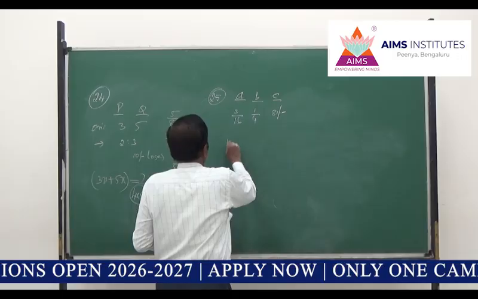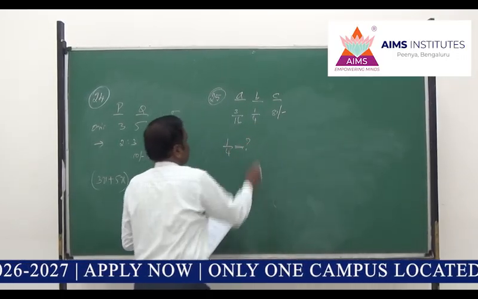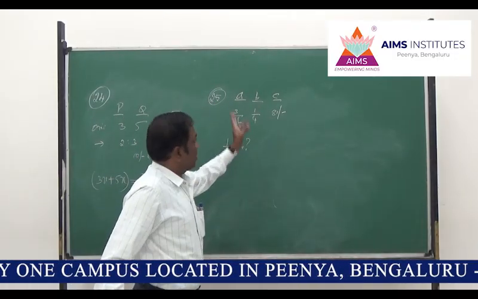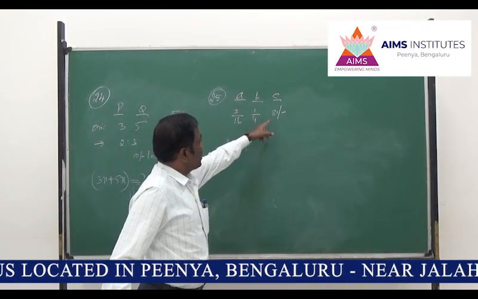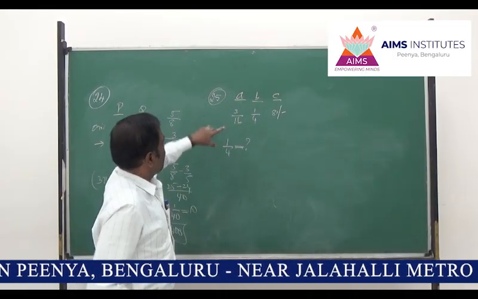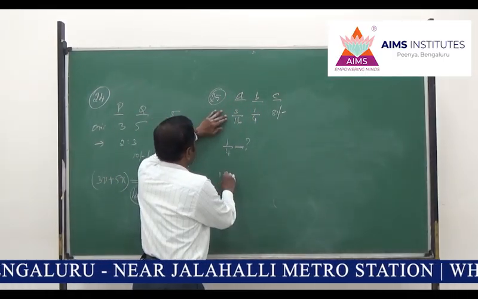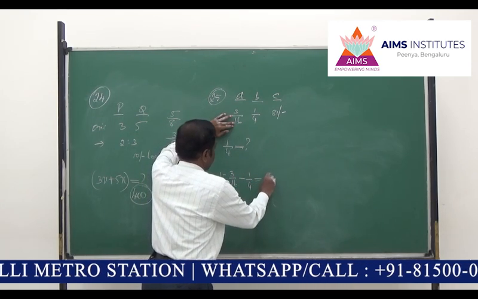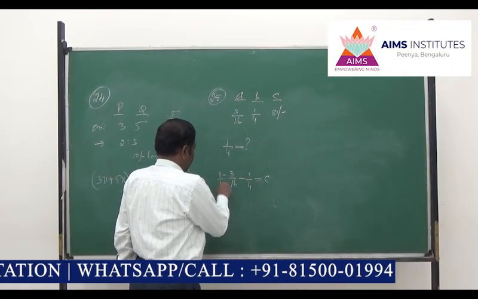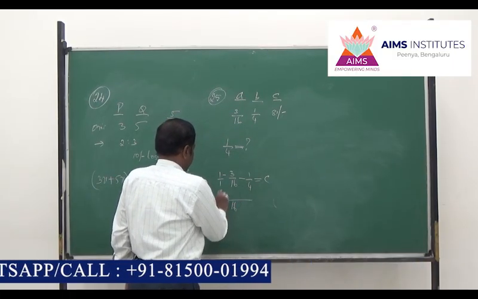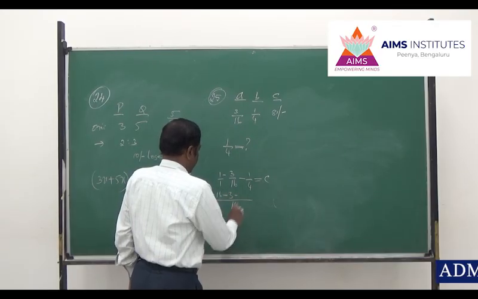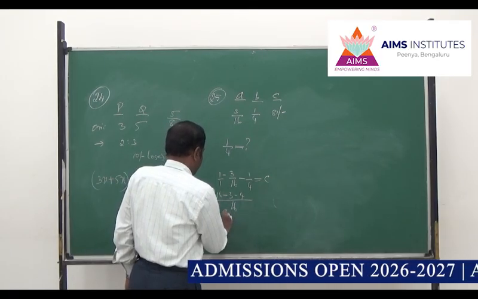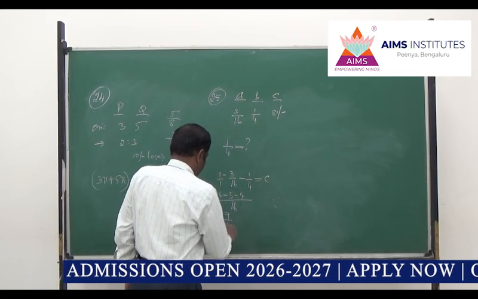Now the whole money is equal to 1. So 81 rupees should be converted to a fraction. Whole unit is 1. 1 minus 3/16 minus 1/4. Taking LCM 16, 16 minus 3 minus 4 is 9. So 9/16.